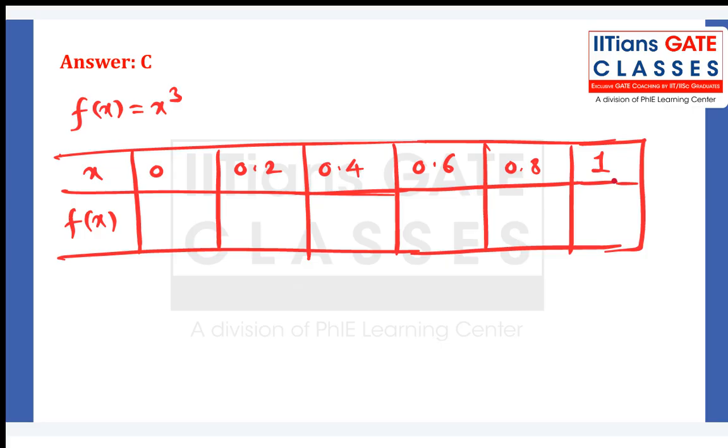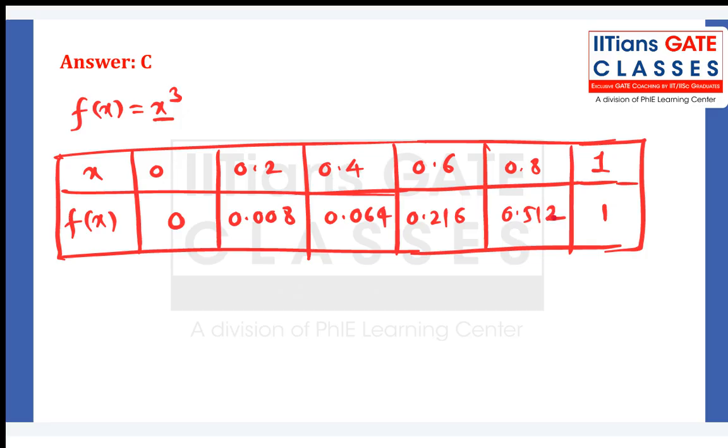So x equal to 0 gives 0, x equal to 1 gives 1, and now you are supposed to get the cubes of the others. So 0.2 cubed is 0.008, 0.4 cubed is 0.064, 0.6 cubed is 0.216, and 0.8 cubed is 0.512.